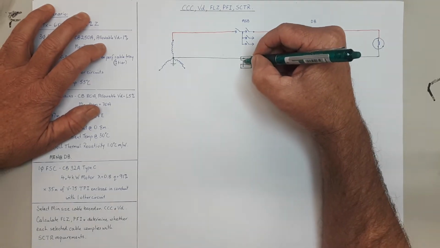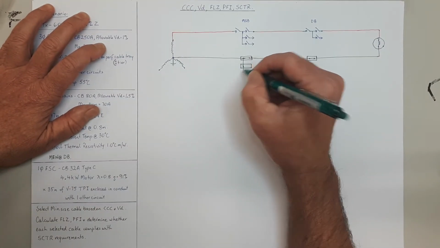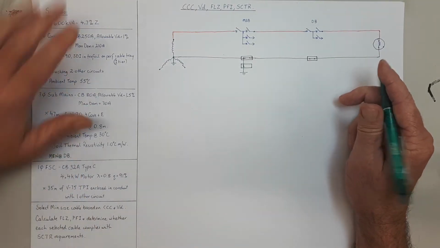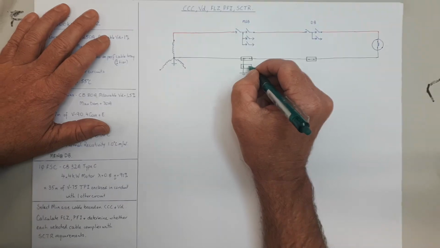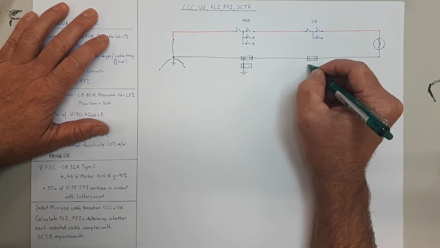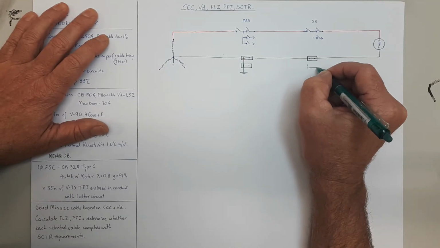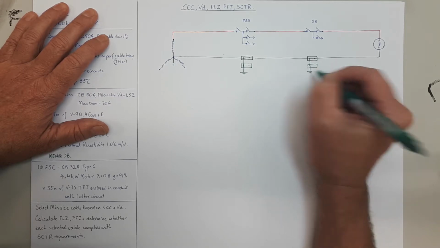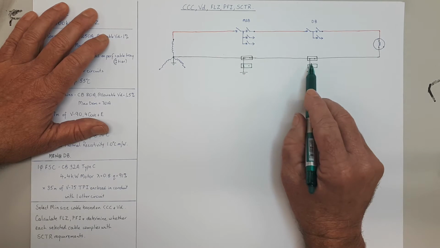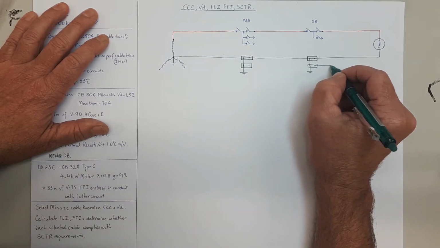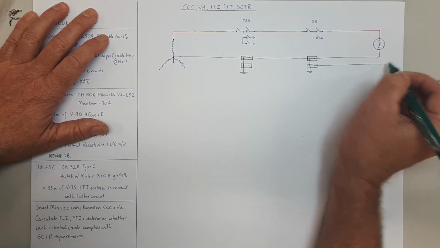Of course, there's no earth in the cons mains, and I made a point of saying there's no earth in the sub main either. There's an MEN at the distribution board, so there is no earth in the sub main there. So we'll just put in the earth bar here, and the stake. Always, whenever you have an MEN link, you have a stake as well. And then, of course, the final sub-circuit needs an earth, the frame of the motor.